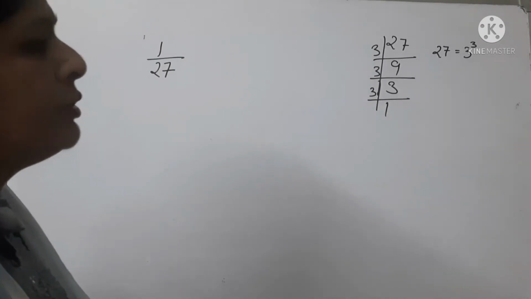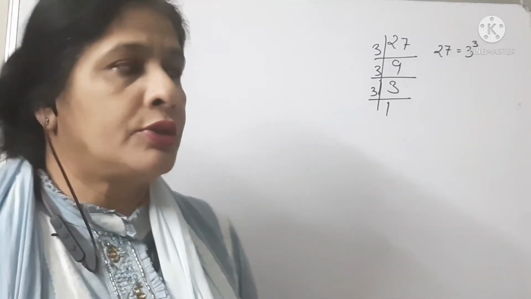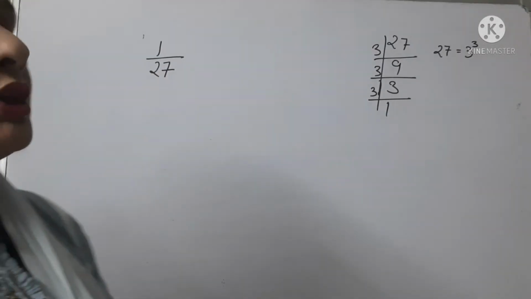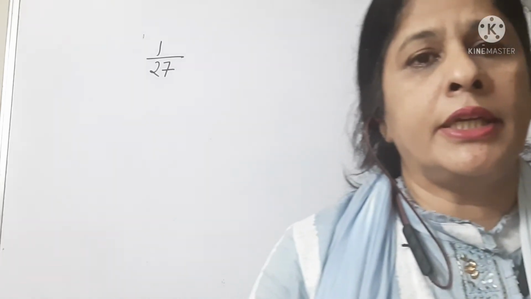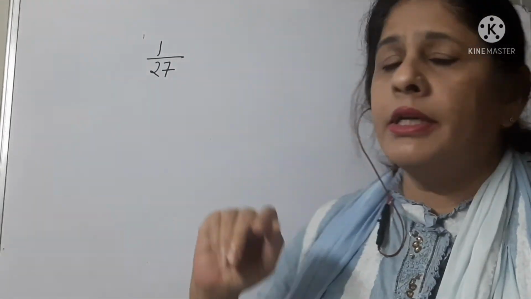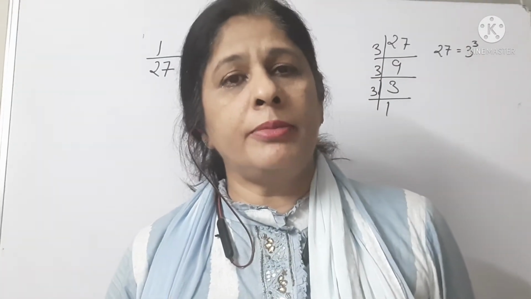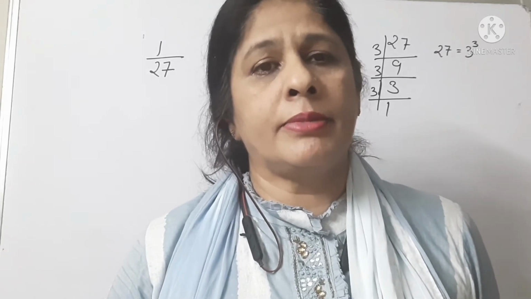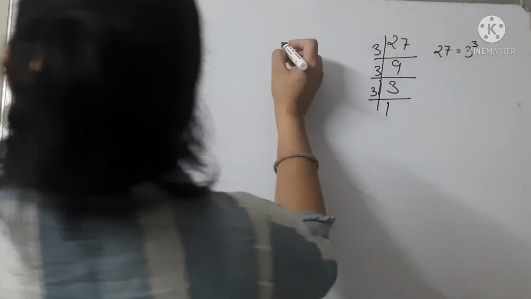It's not of the form 2^n multiplied by 5^m. So that's why this number is not a terminating decimal expansion. This is a non-terminating decimal expansion. We will find whether this rational number is a non-terminating recurring decimal expansion or a non-terminating non-recurring decimal expansion. So for that we perform division.